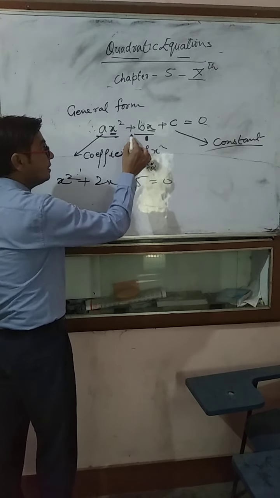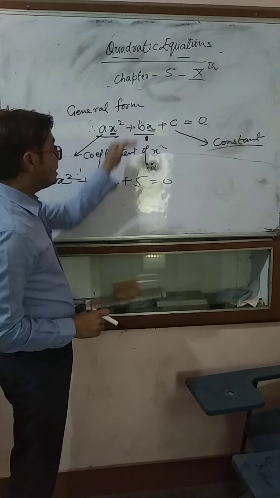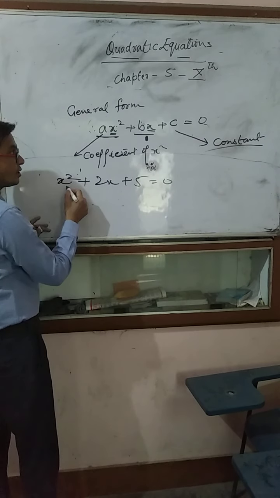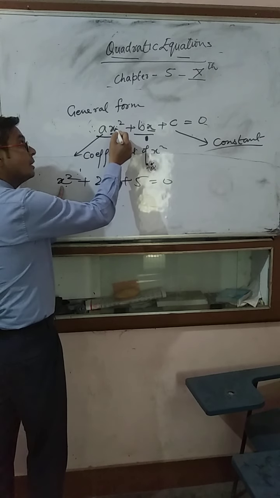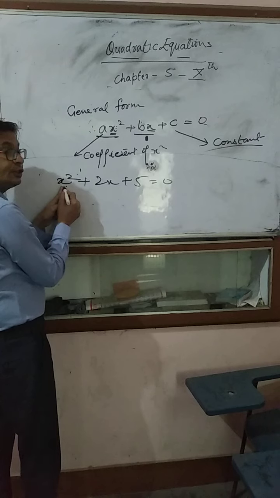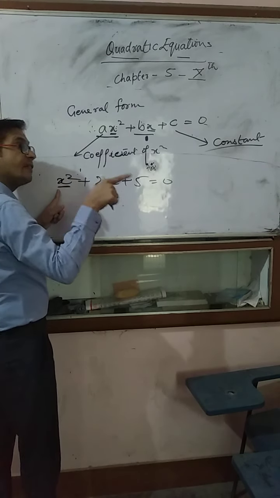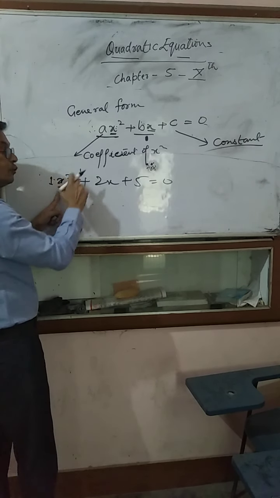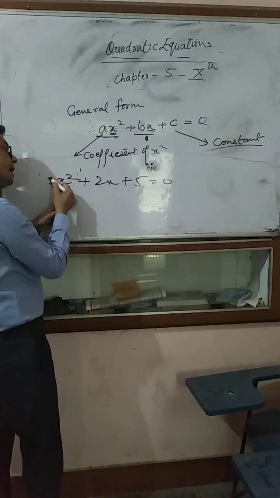But now consider this equation and the general equation. Compare both of them. See, x square: in the general form the coefficient of x square is a. Here, what is the coefficient of x square? There is no visible value, but still there is a value, that is 1. If you multiply by 1, it stays the same.